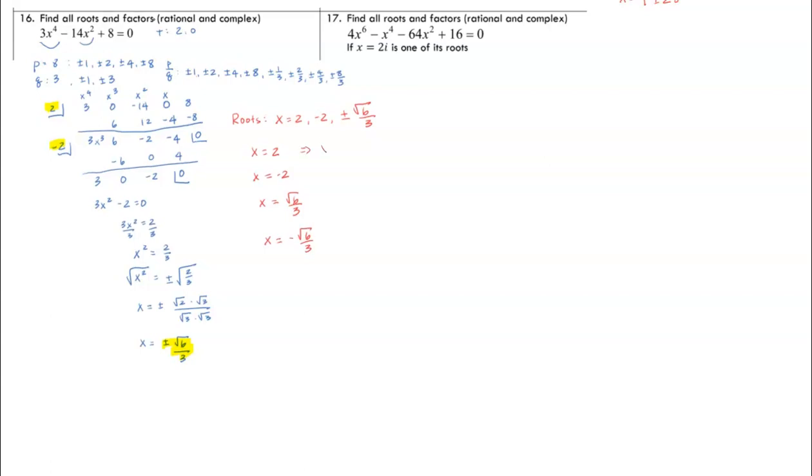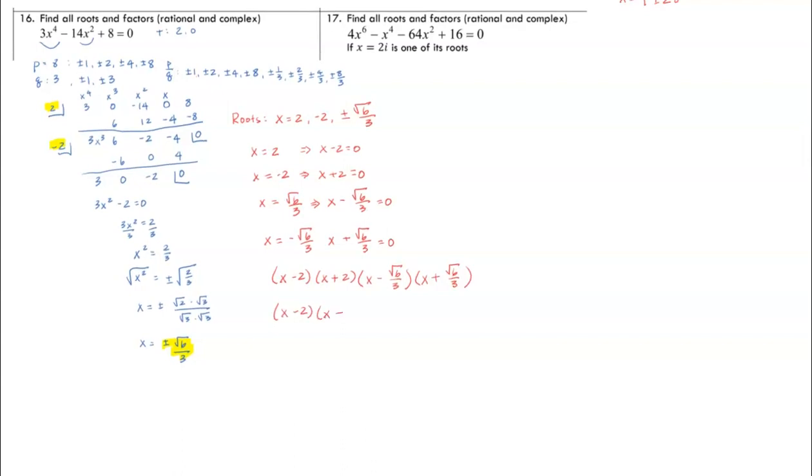And then I'm just going to make the right side equal 0. Factors would be x minus 2, x plus 2, and then it is x minus the square root of 6 over 3, and x plus the square root of 6 over 3.